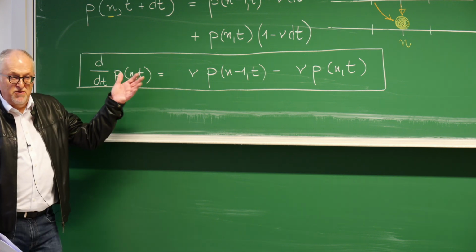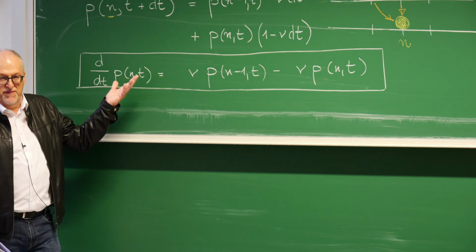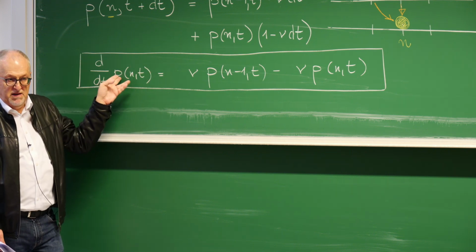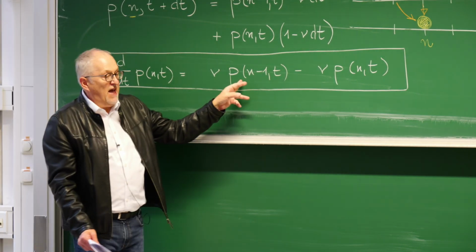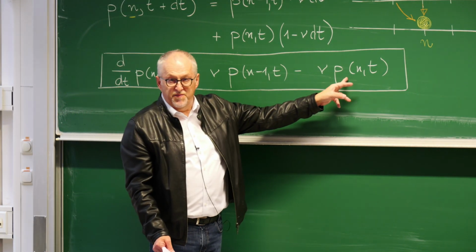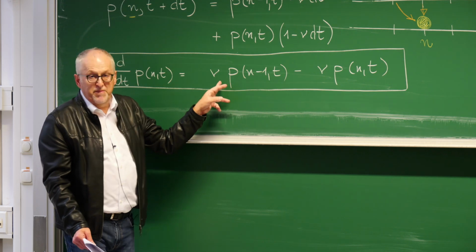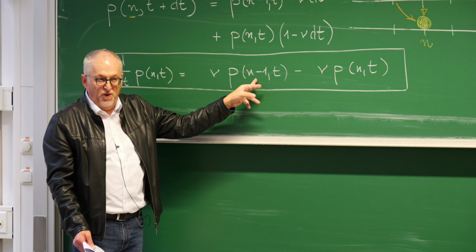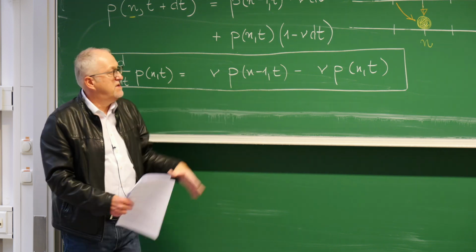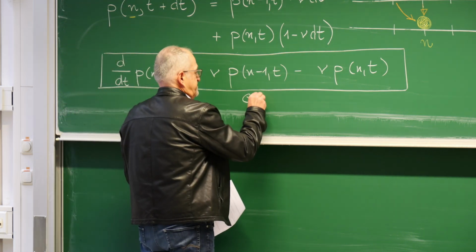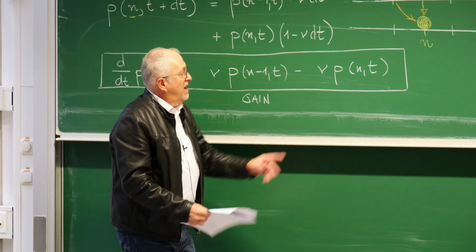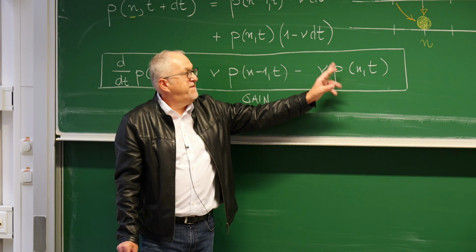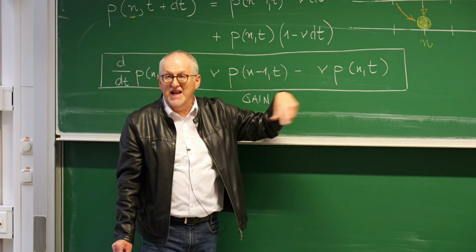Okay, and you can again read it out, and then it's kind of intuitive that this equation has to be there. The change of probability at a site n in time is a gain and a loss term. I gain probability at site n if I've been at site n minus 1 before and hop forward. That's gain. I lose probability if I'm at site n, but I hop, so I leave the site.